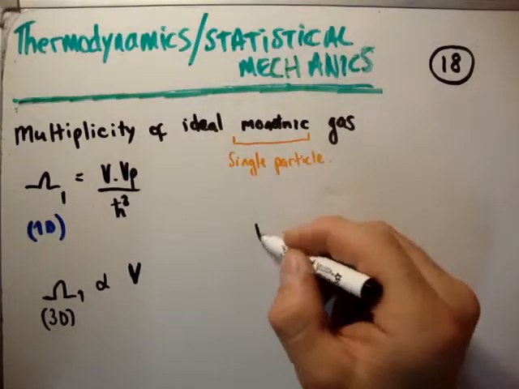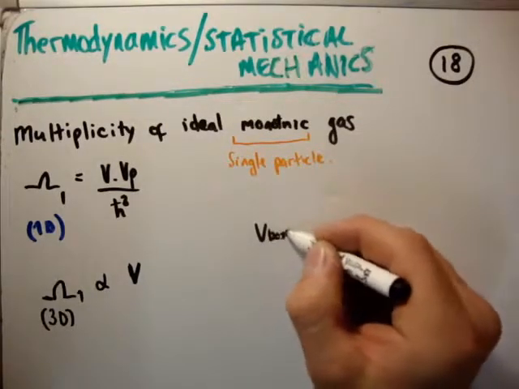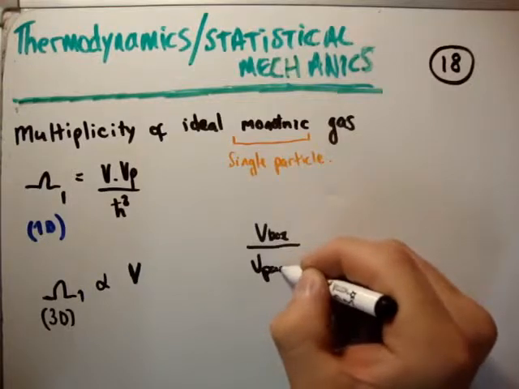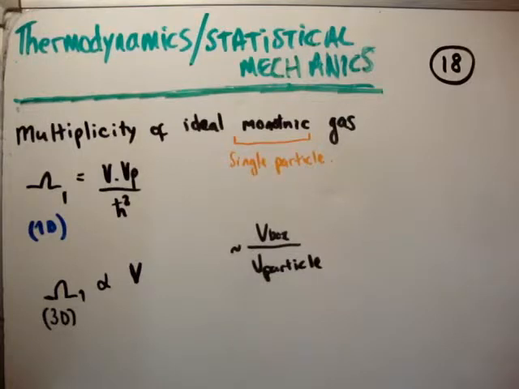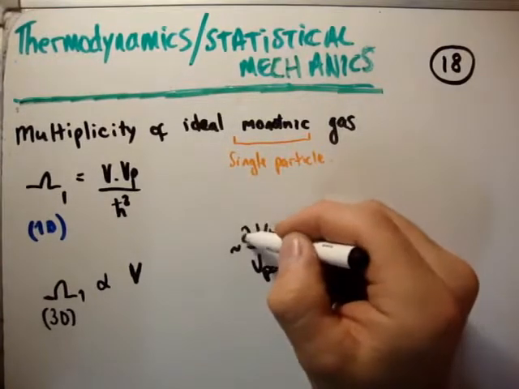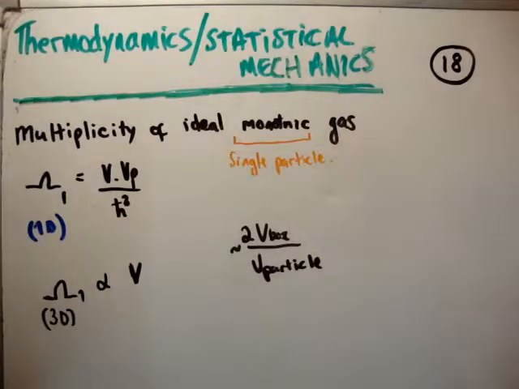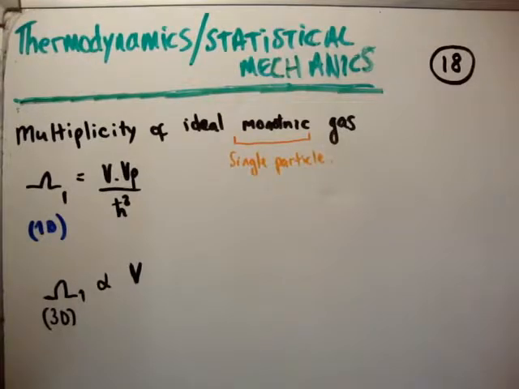In other words, it would be the volume of your box divided by the volume of your particle. That's approximately the number of position states that are available. But if you double the size of your box, you're going to double the number of possible states. Or even if that isn't fully correct, let's just suggest that it's correct, because it sounds quite reasonable. So we're going to say that the multiplicity is proportional to the volume which your particle is inside in position space. And next we need to talk about momentum.